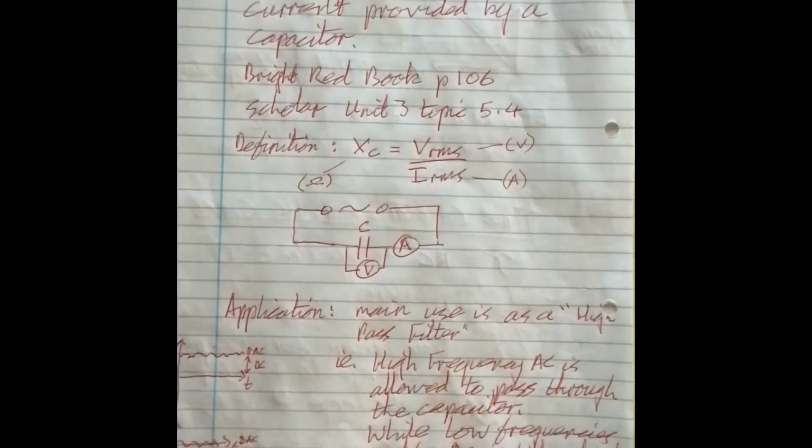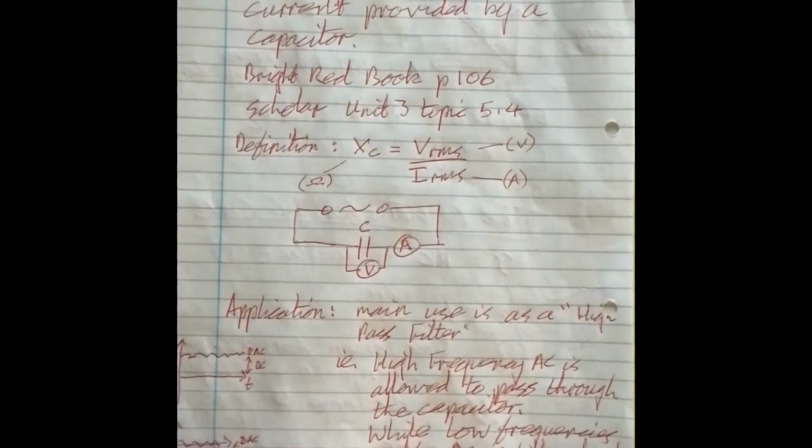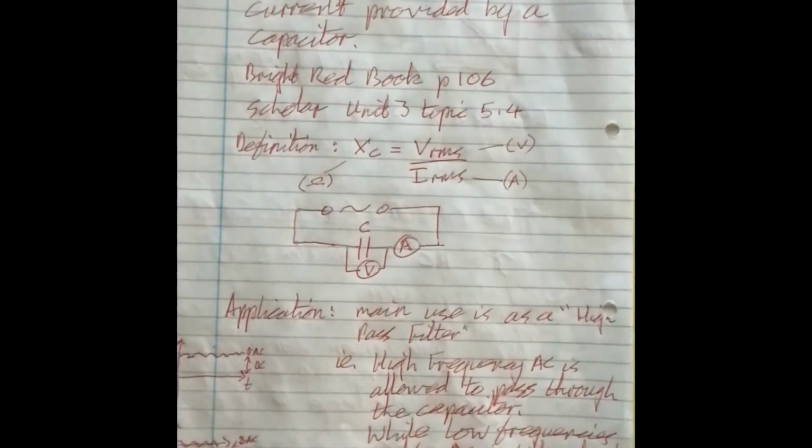But if we're looking at this on an oscilloscope, then what we can do is change the scale on the oscilloscope, and suddenly that turns into something more like this, and that is then much easier to examine and determine values for.